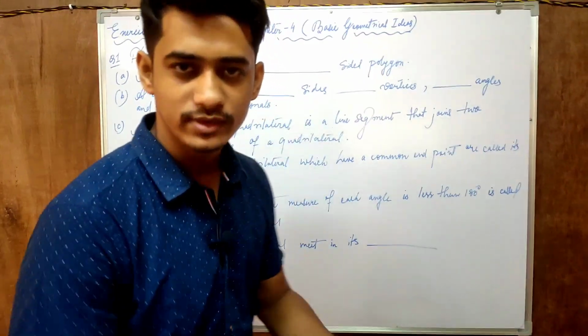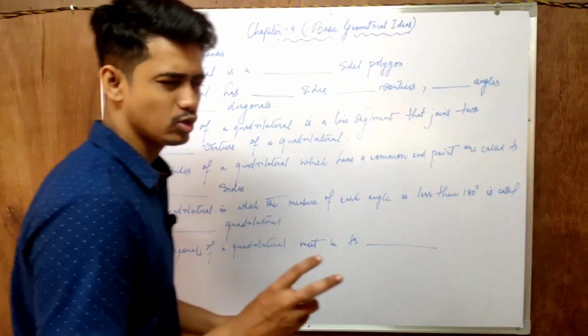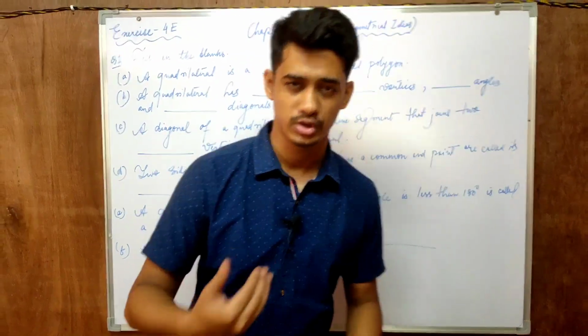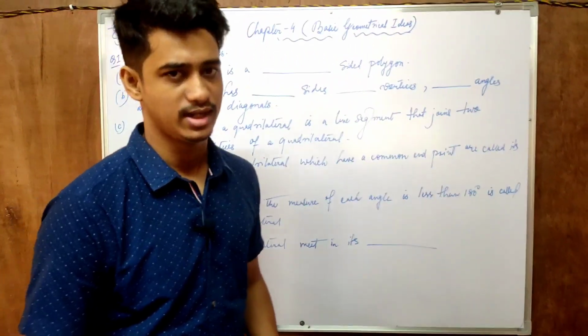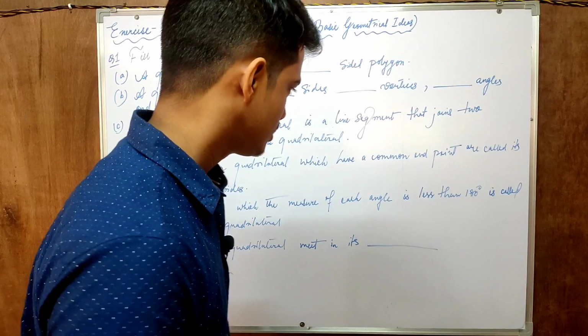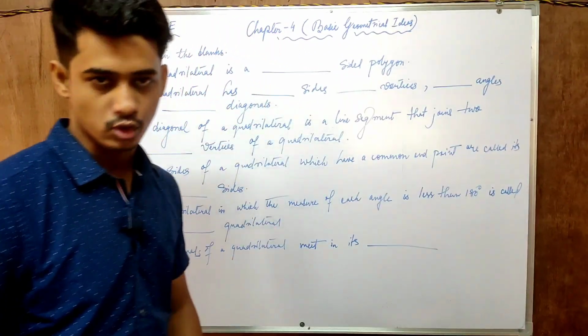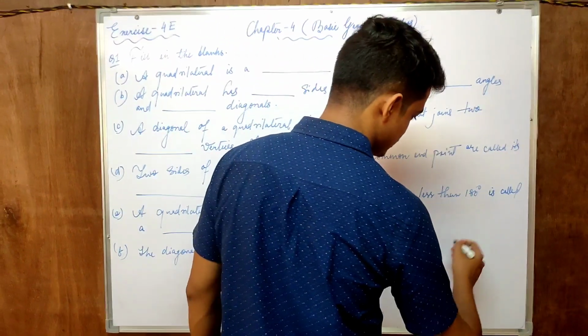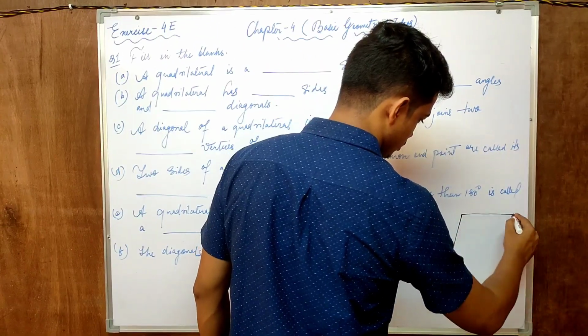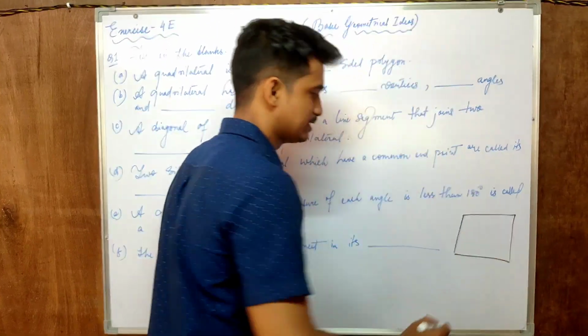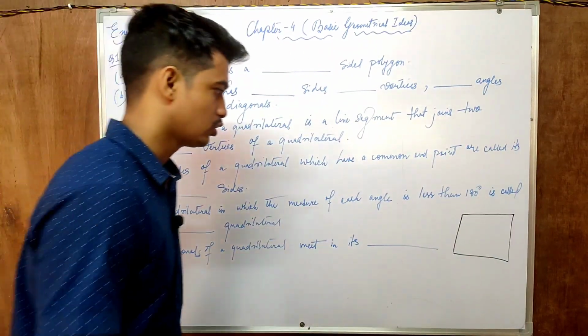Alright, before starting this exercise, I think 2 or 3 concepts are also required to solve it. So I will make one diagram through which you get to know all such concepts. This is a quadrilateral, no doubt.